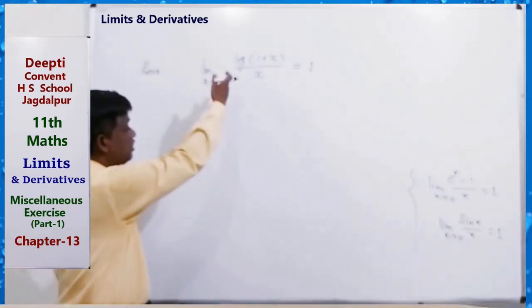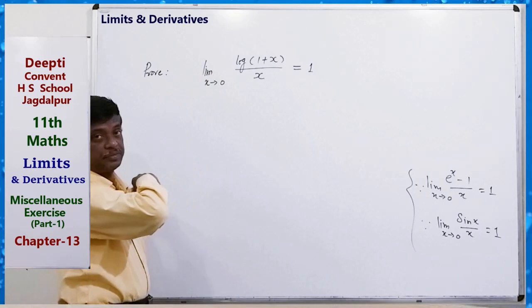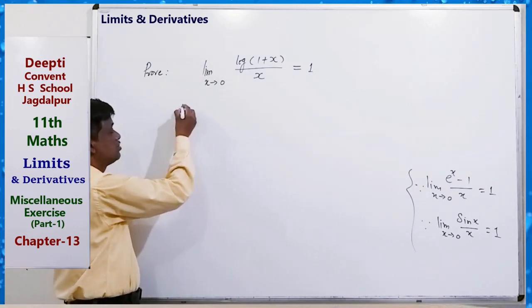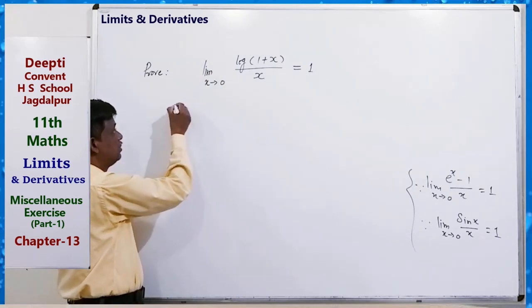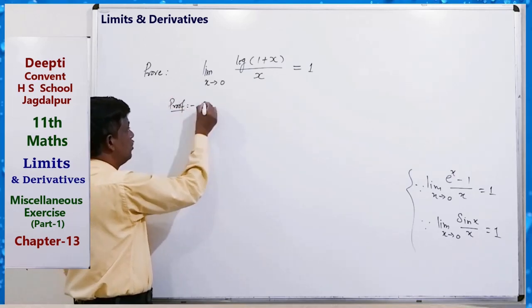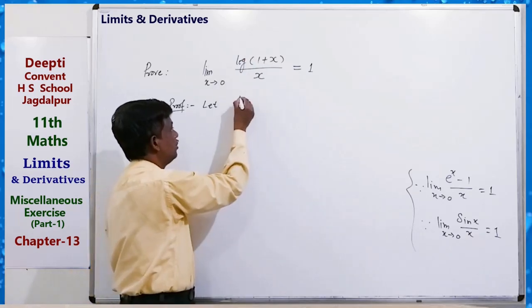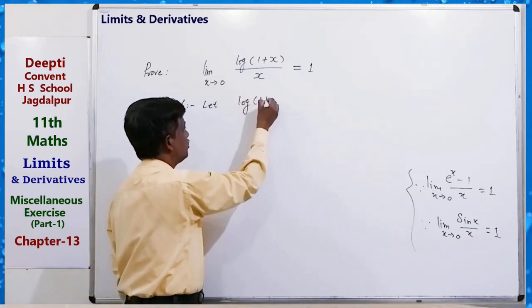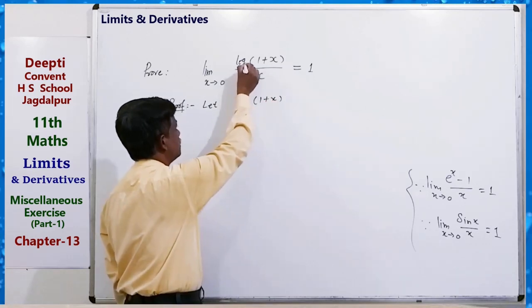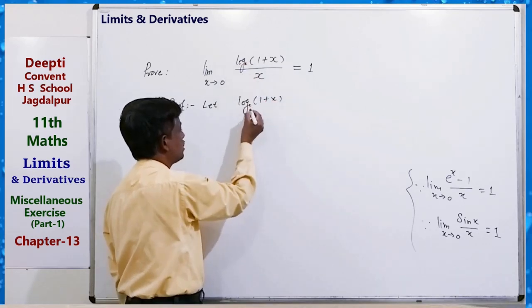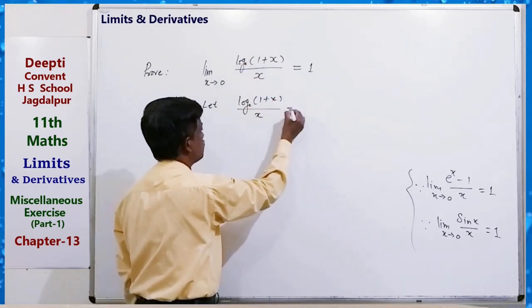So for proving this limit, we have to find the limit of this quantity. Let the required quantity, log of 1 plus x, with base e, by x, equal y.